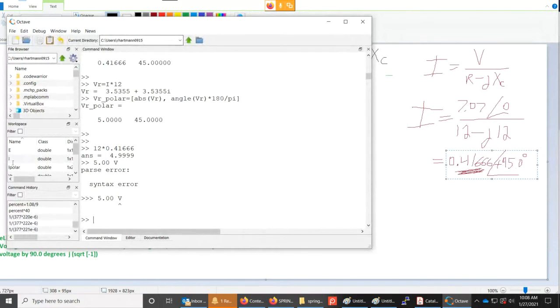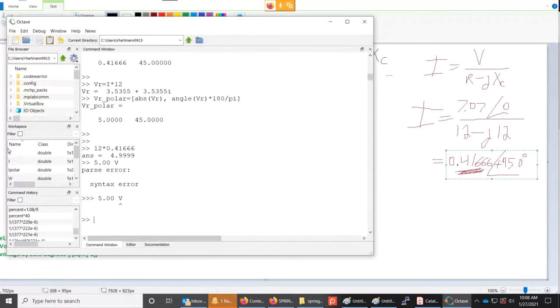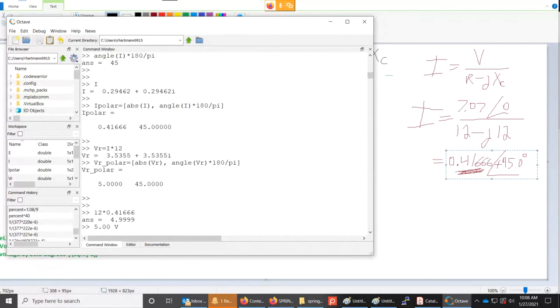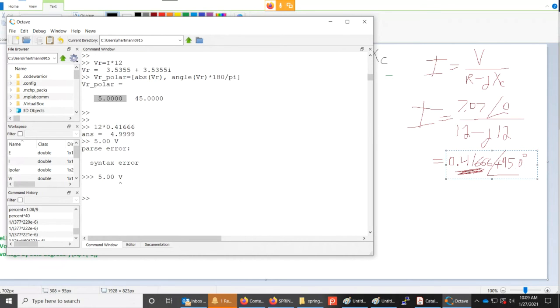What I like about the Octave software is that it remembers all this for you. When you do it, you notice that it actually gave me 5 exactly, whereas when I typed it out using just the magnitude, I ended up having a little bit of round-off. When I got back to 3 digits, it was correct.